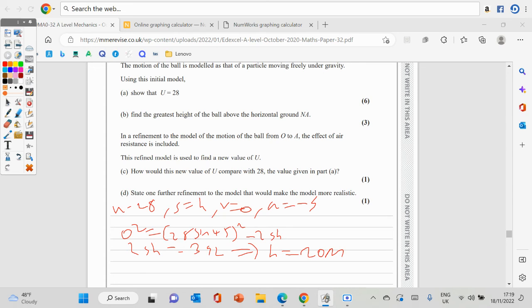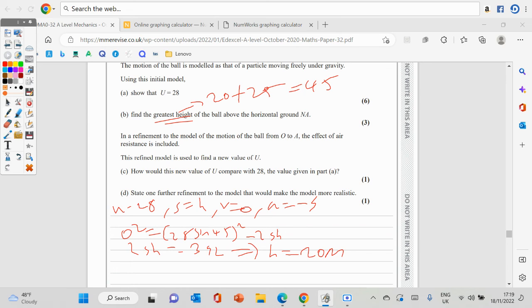However, the greatest height will be 20 plus the initial height it already is, i.e. 45.